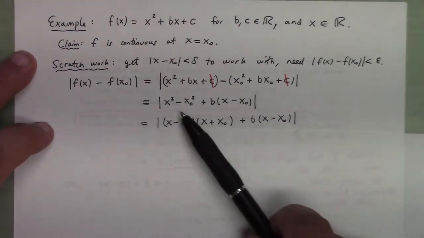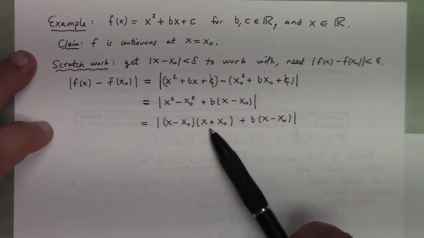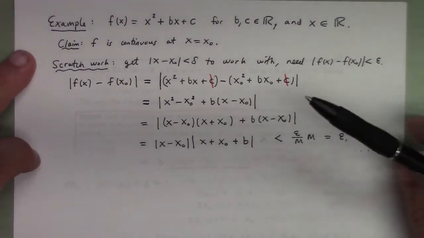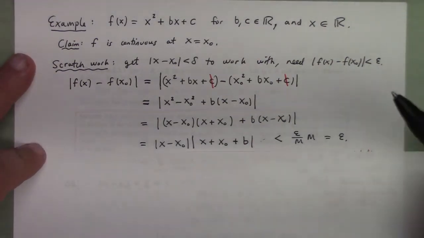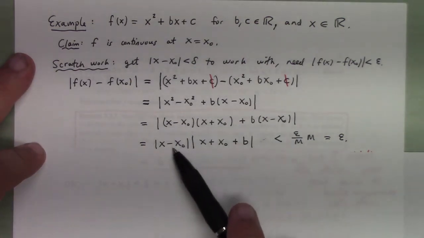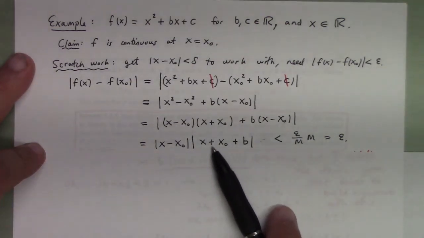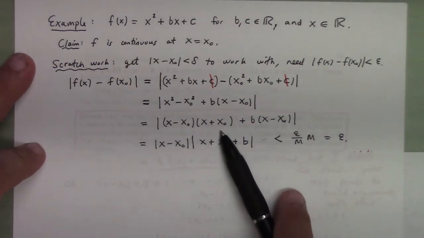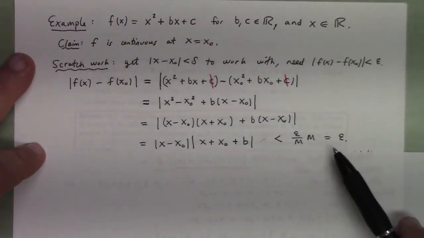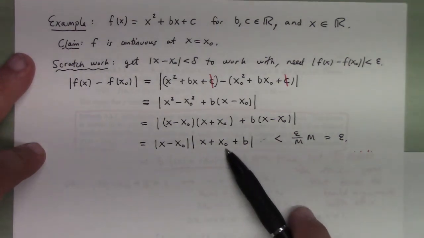You can factor x minus x naught out of both of these, and you're left with x plus x naught and b times x minus x naught, which means that you can break it up by properties of absolute value to the product of |x - x naught| with this thing. So essentially, we need to get this under control with our choice of delta. So I explained below that we can bound this by a number m.